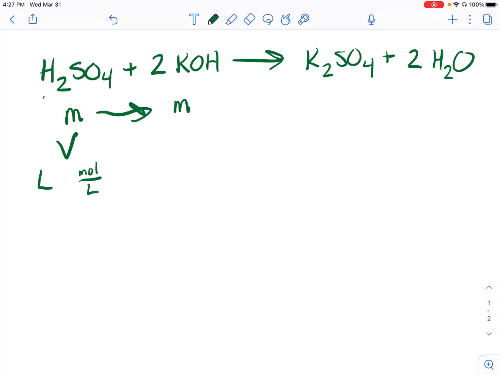You might have 5 molar, which means that you have a concentration of 5 moles of sulfuric acid dissolved in 1 liter of water. So we could say, hey, I have the solution of sulfuric acid. How much potassium hydroxide, which could be a solution or a solid that you need to dissolve into solution, do I need?